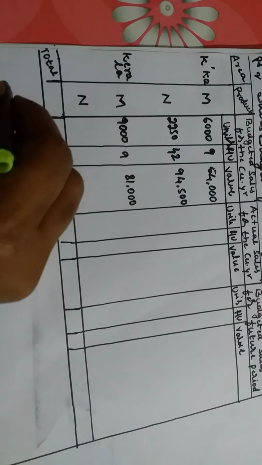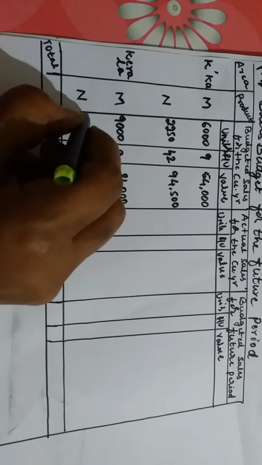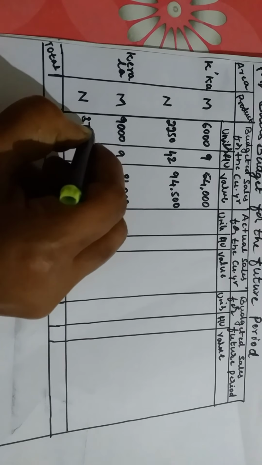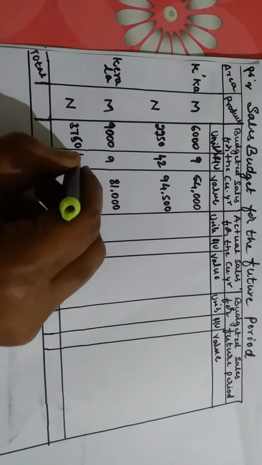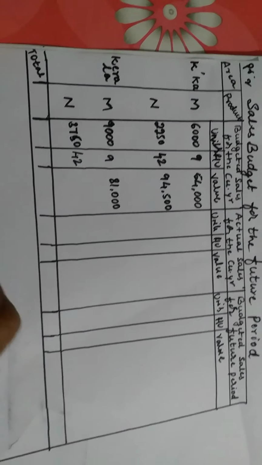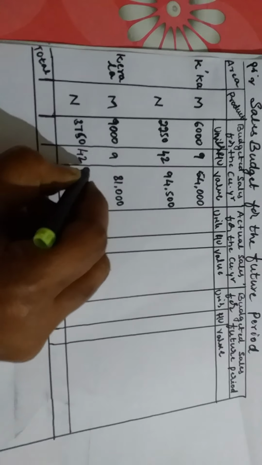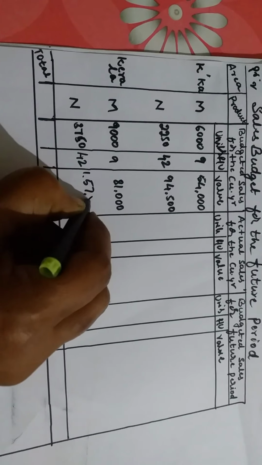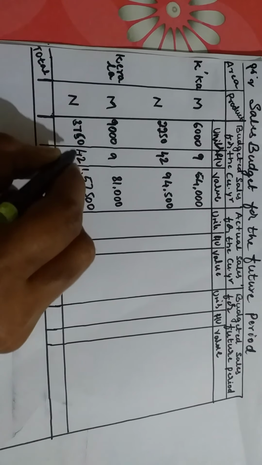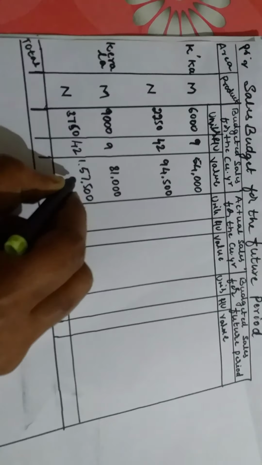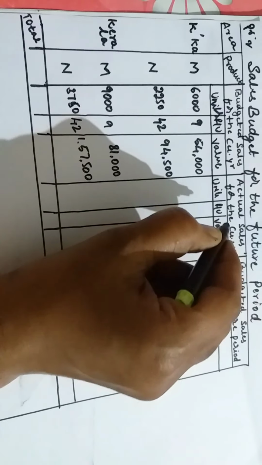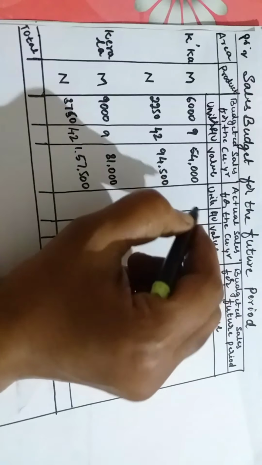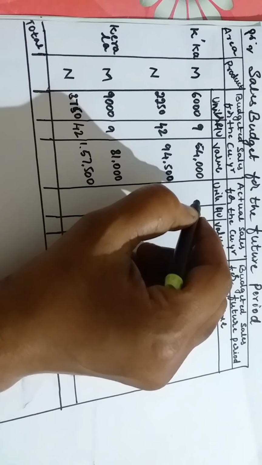For product N, 3,750 units budgeted sales for the current year, and 42 rupees rate per unit, and the value comes to 1,57,500. 3,750 multiplied by 42 rupees comes to 1,57,500. And now actual sales figure information is also given, which you can calculate from the information in the problem.